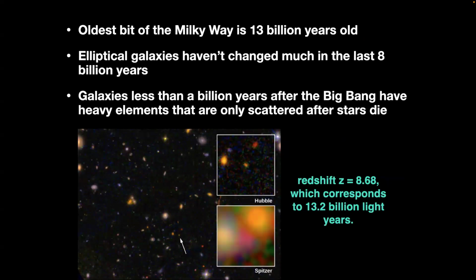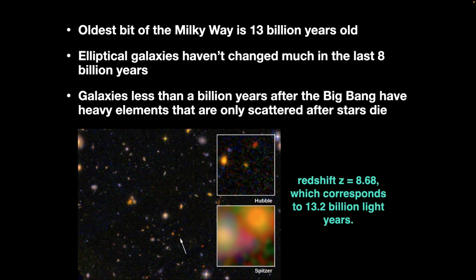So galaxies are made of stars, and nearly all galaxies have at least some old stars in them. For example, there are stars in the Milky Way that are 13 billion years old. So if we assume that the Milky Way is as old as its oldest part, then the Milky Way is at least 13 billion years old.